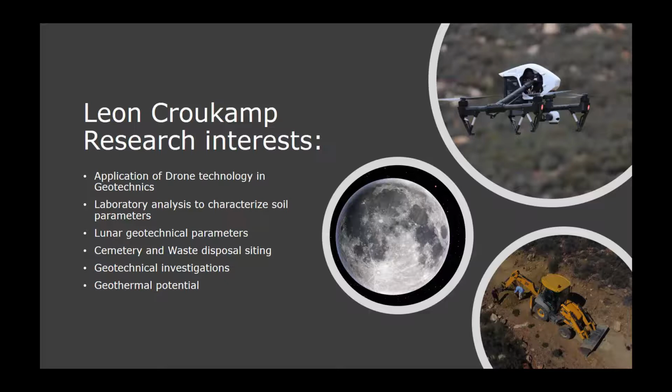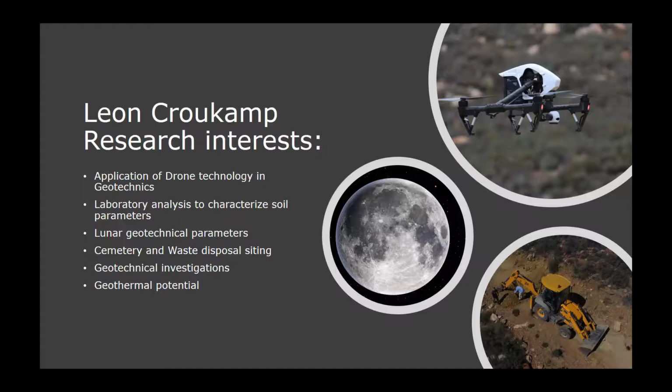Obviously, the laboratory analysis to characterize soil parameters. So how do we use triaxial tests, direct shear box, odometer, and all the other various tests in the lab to characterize the material. And then very interesting, lunar geotechnical parameters. So looking at the soil on the moon, and extending that also to Mars.